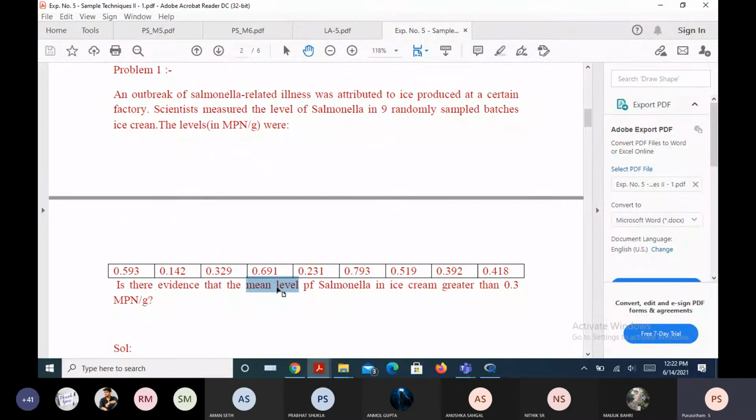Are you interested to test the means now? Yes, sir. We are interested to test the mean. Then you have to go to the t-test. Now, what we need to do is take this set of observations. Sometimes the mean and standard deviation of the sample may be given straight away instead of the observations.